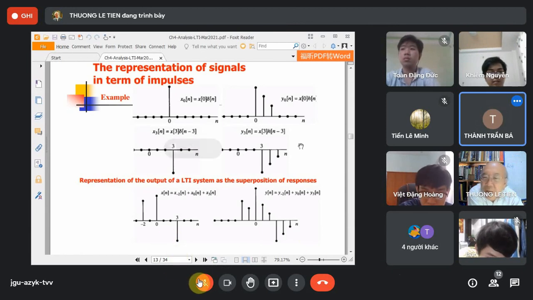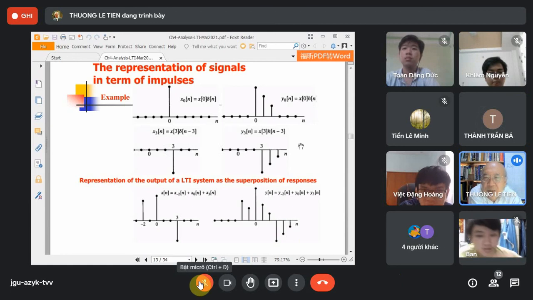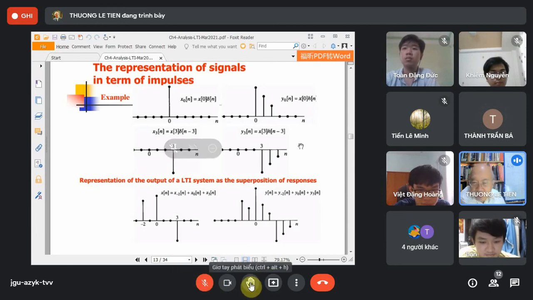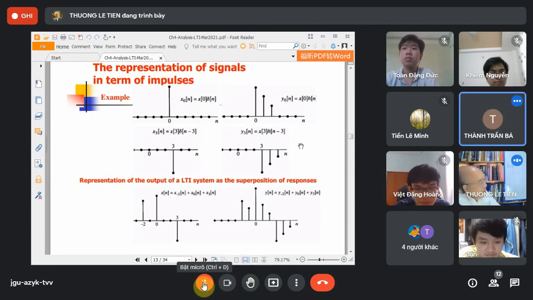Now, impulse response. The basic definition of the impulse response, not the definition of the impulse. The definition of impulse response.